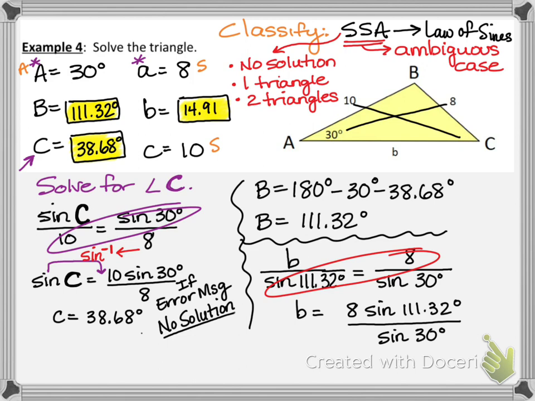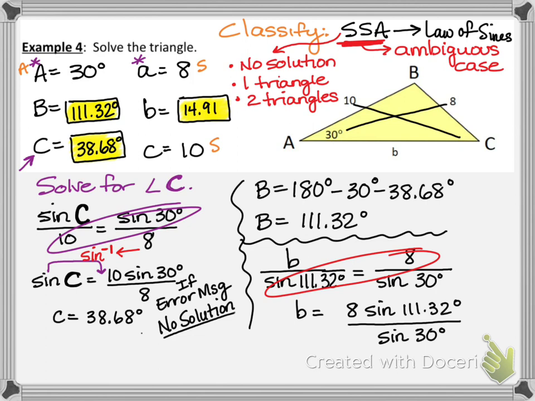No solution means no triangle can be drawn with those measurements. One triangle means only one exists. Or those measurements can draw 2 separate different triangles. You are going to have to make that decision when you have an SSA problem. So anytime you see ambiguous cases, you have to ask yourself, is it no solution, 1 triangle, or 2 triangles?